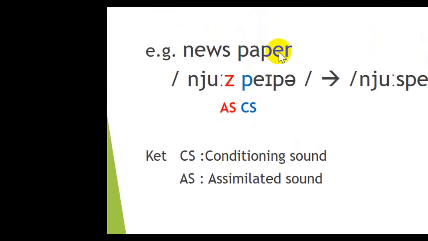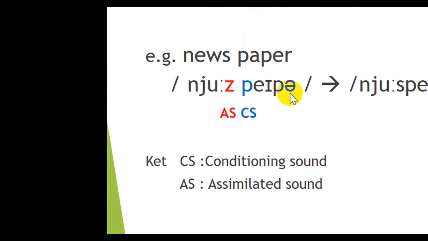So for example, in newspaper, the assimilated sound, the one that will change later on, is the s, and the one that influences the change is sound p. So, the assimilated sound and the conditioning sound.